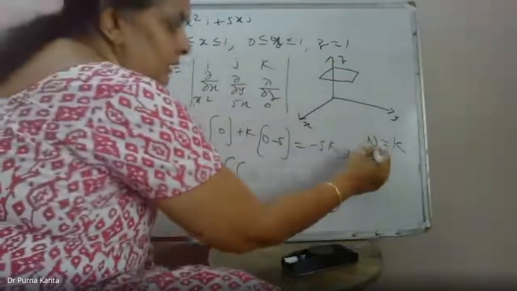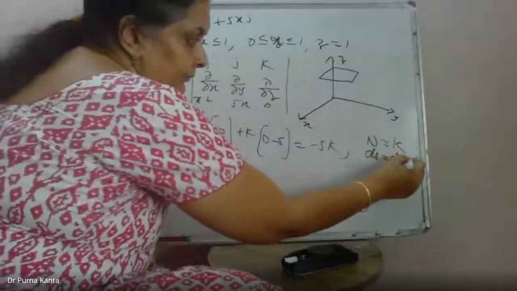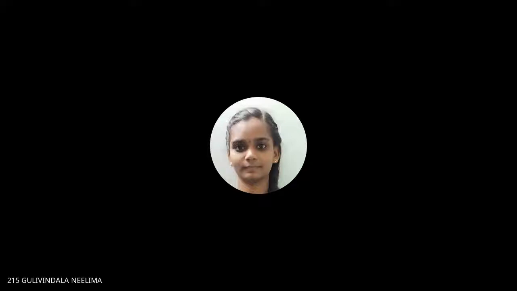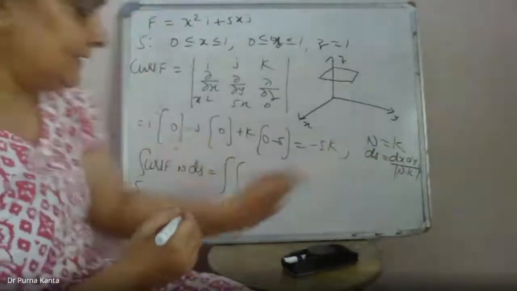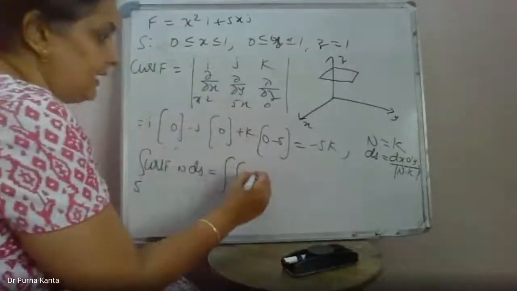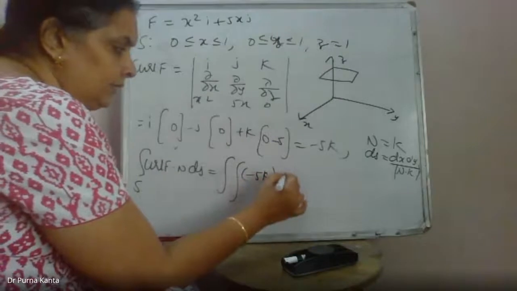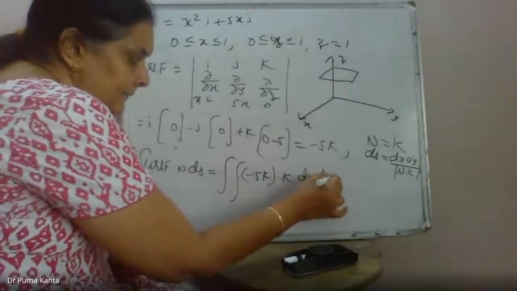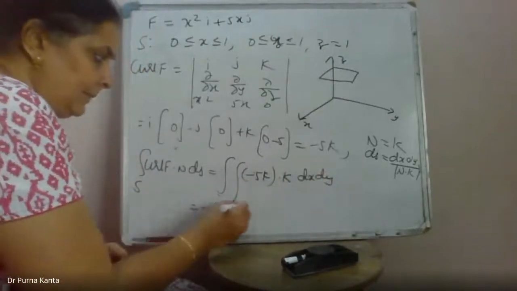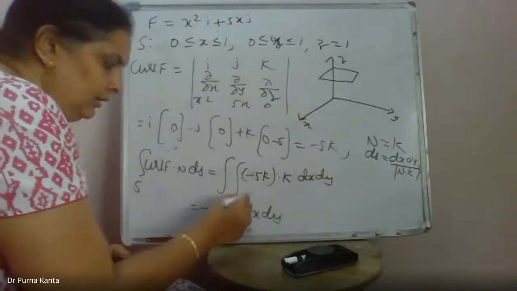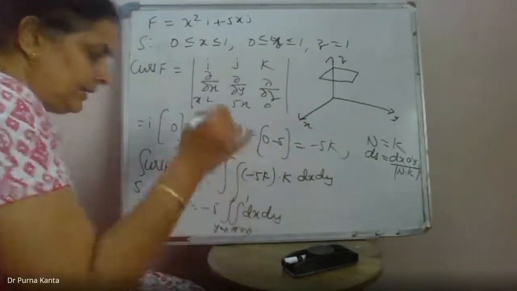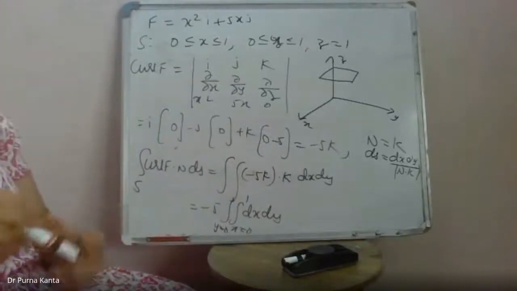If n is equal to k, what will be the dS value? dx dy by mod n dot k. Since n is equal to k, k dot k is 1. So dx dy. So this is minus 5k dot product with k dx dy. Minus 5 we take out, double integral of dx dy, x from 0 to 1, y from 0 to 1. Calculate the value and tell me what limit you get.